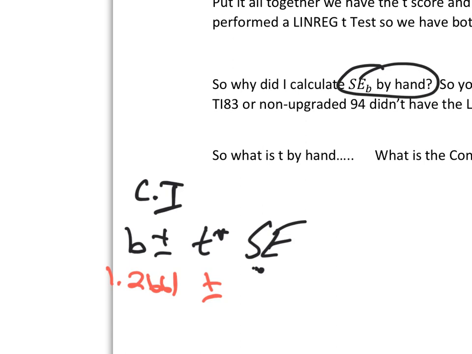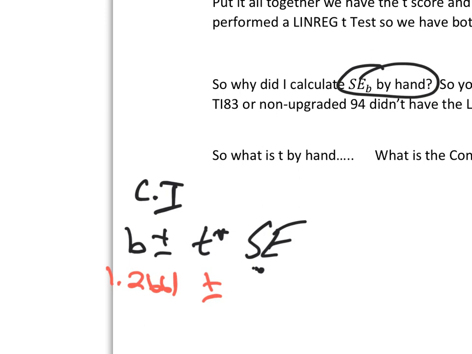In other words, I have 5 degrees of freedom. And what area under the curve do I want? If I'm doing a 95% confidence interval, 95 is in the middle. How much is one tail? 2.5. Add that together, 0.975.